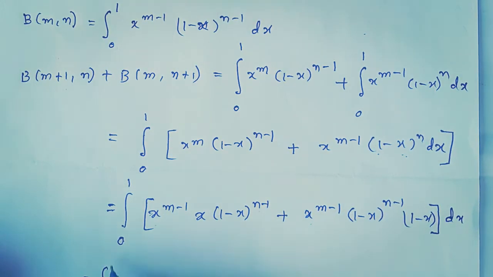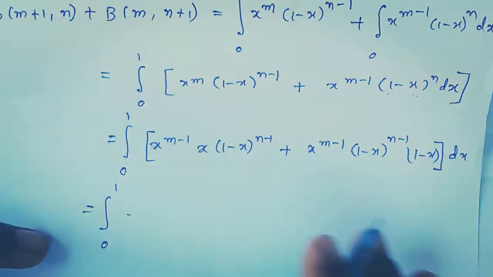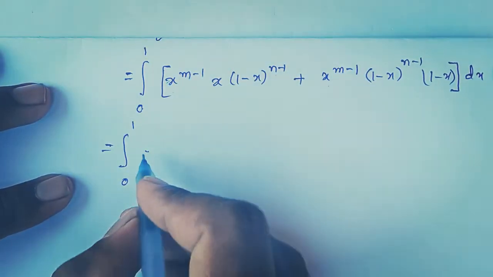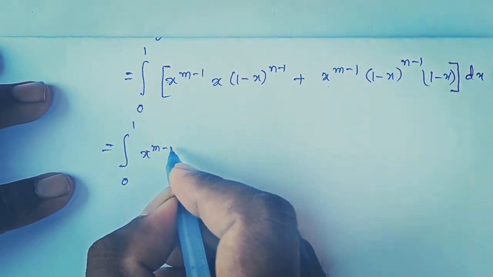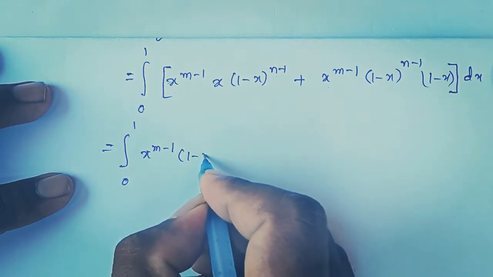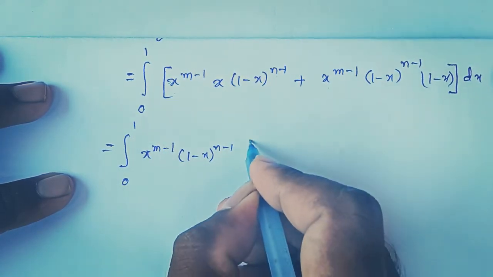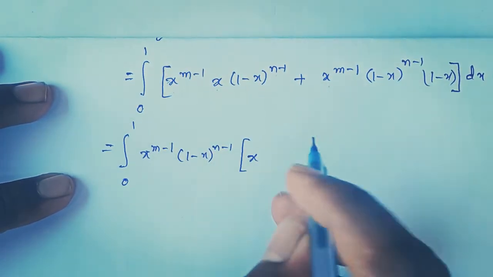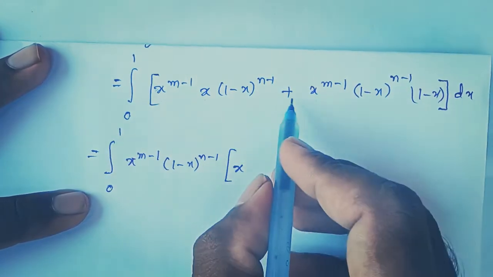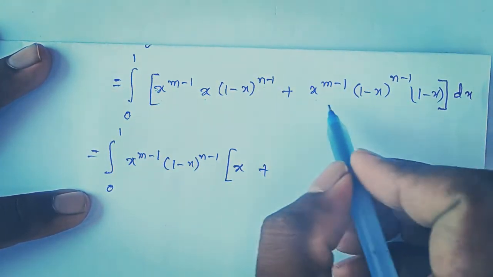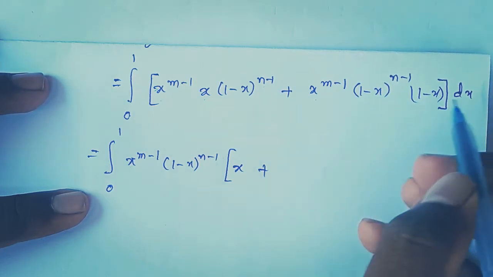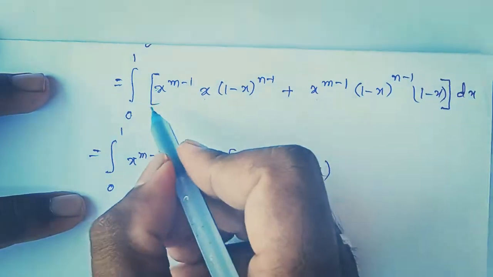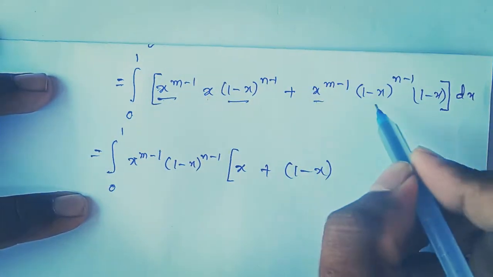That is, the integral within the limits 0 to 1 of x^(m-1) (1-x)^(n-1), then we have x plus (1-x), because we already took these functions as common.